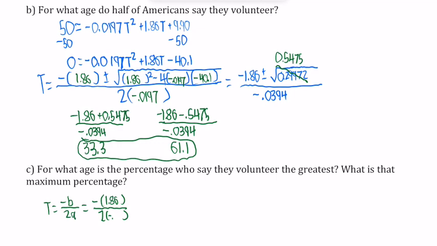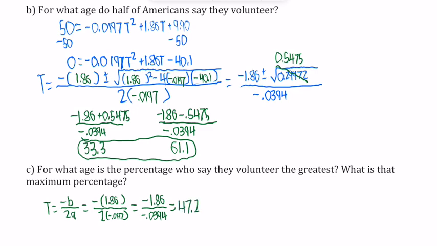A for this function is negative 0.0197. We have negative 1.86 on the top. In the denominator, we have negative 0.0394. If we calculate this, negative 1.86 divided by negative 0.0394, we get about 47.2.